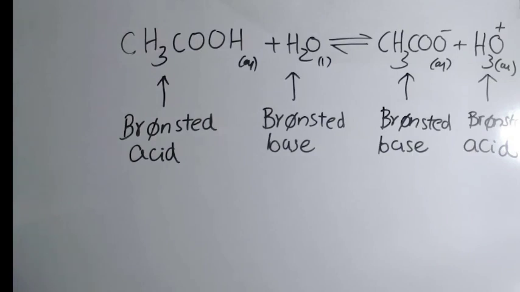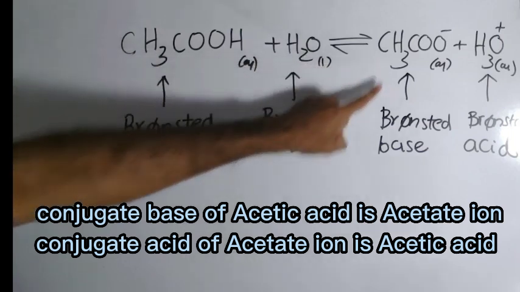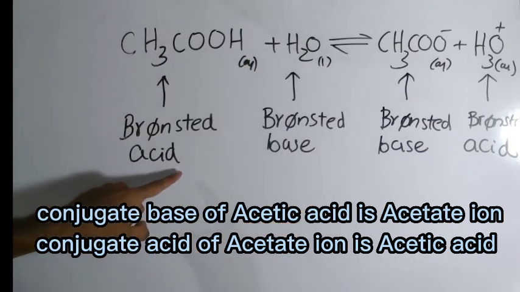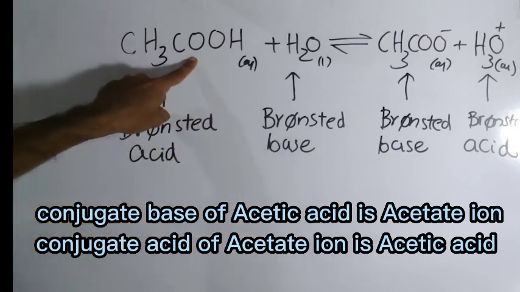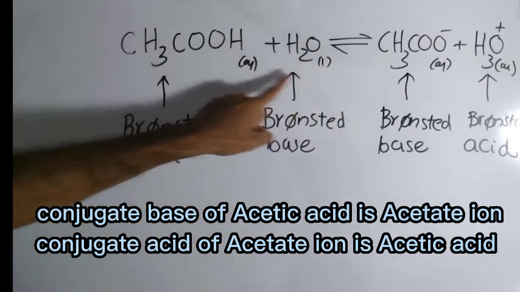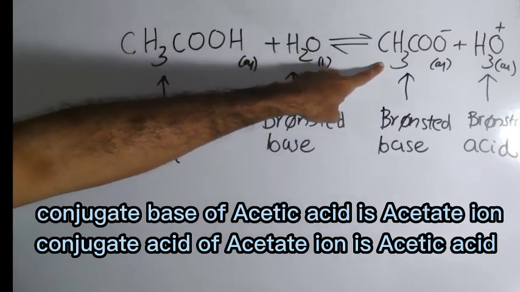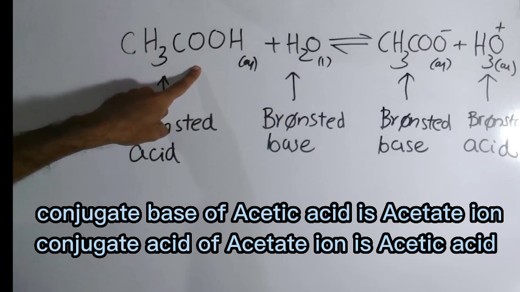Now we can apply the conjugate theory. Acetic acid and acetate ions are conjugates. So we can tell the conjugate base of acetic acid is acetate ion and the conjugate acid of acetate ion is acetic acid.